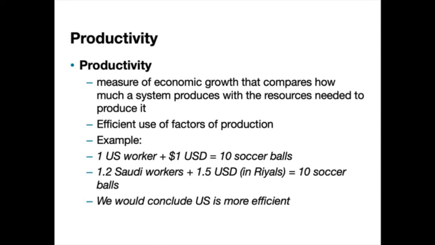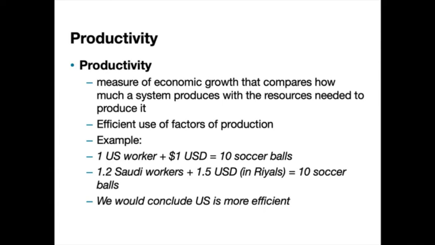And of course, this is just one example. You cannot conclude from it that the US is more efficient in producing everything, from soccer balls to automobiles to fine wool suits to shoes. We're just talking about efficiency in one particular area of production.